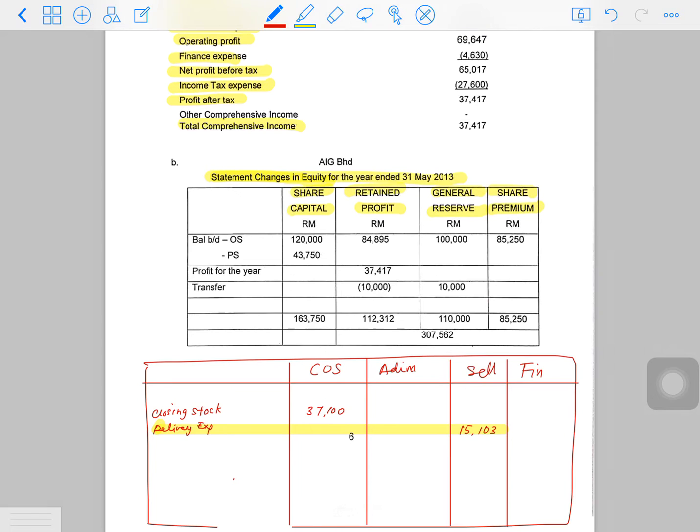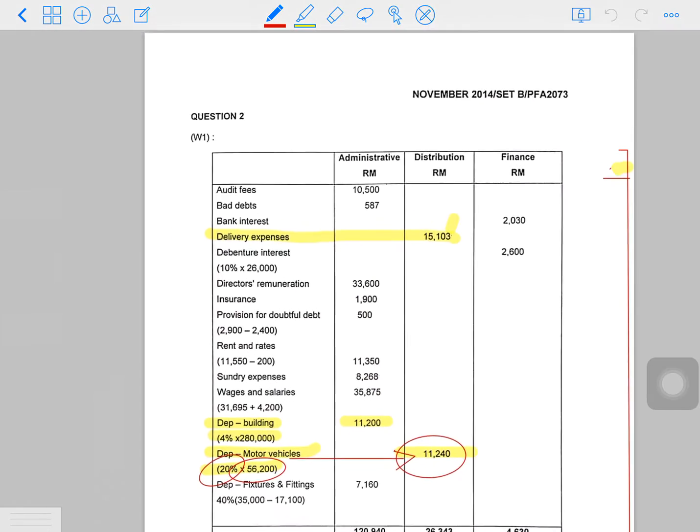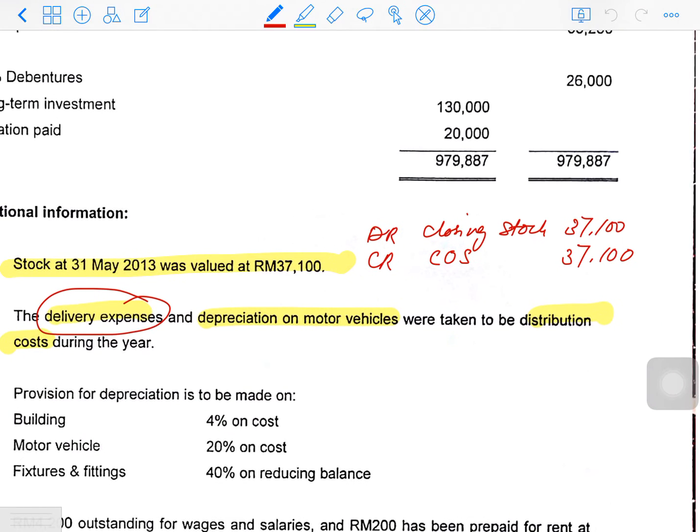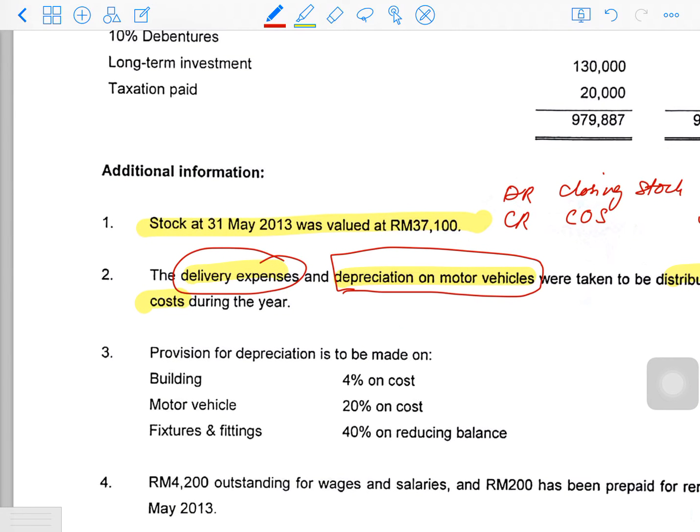And then it mentioned with regard to motor vehicle depreciation. This is in part of additional information number 3. So look at additional information number 3. You will have depreciation of motor vehicle should be at 20% on cost.